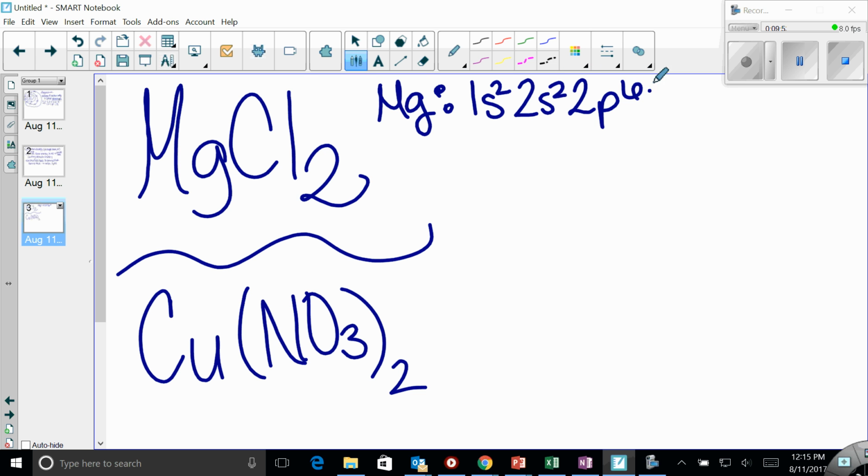So Mg on its own, we said on the last page, was 1s2, 2s2, 2p6, 3s2. Now, if I want Mg2+, what does that 2 plus mean? Does it mean I take off 2 or I add 2? I take them off, because it means it has to have an overall positive charge of 2.